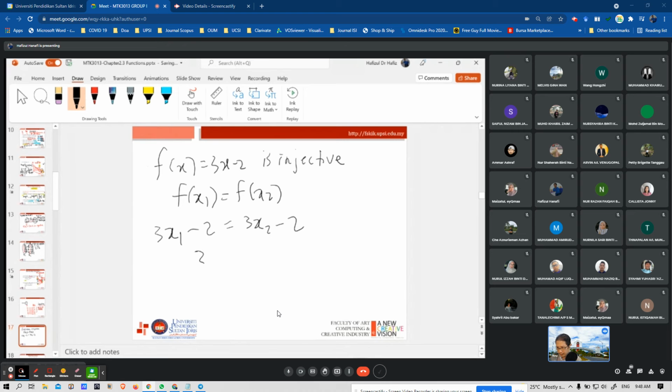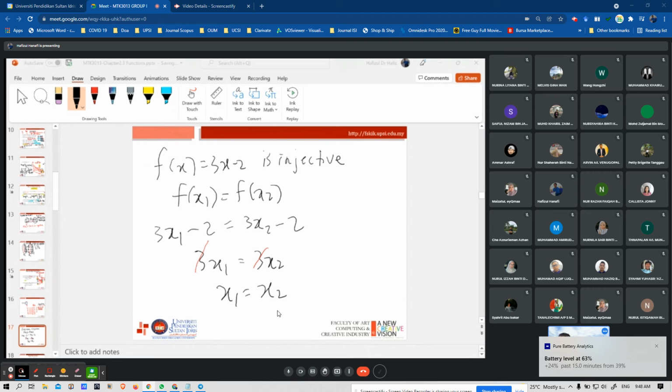We can have 3x1 equal to 3x2, and then we can have x1 equal to x2. So it is injective, one-to-one.